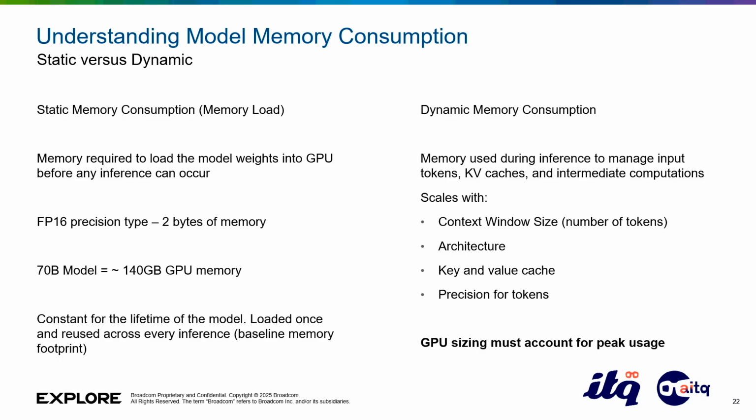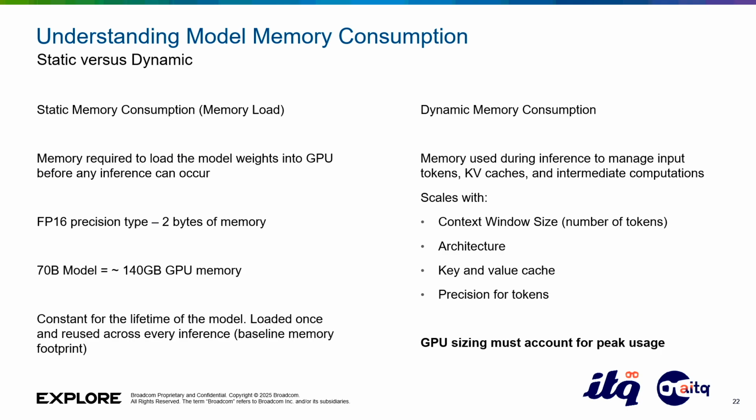Every model is expressed in the parameter count. So we say 70 billion or 8 billion, or in the case of Maverick, 405 billion. Now, what does that mean? A parameter is pretty much stored in a precision type. That's a long range of numbers.